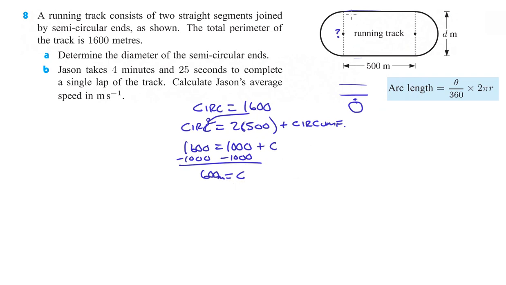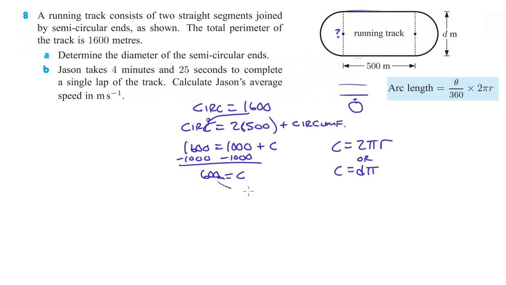Okay, so they want to know what the diameter is. Actually, let's take a different angle at this. Circumference equals either 2 times pi times the radius, or circumference just equals the diameter times pi.